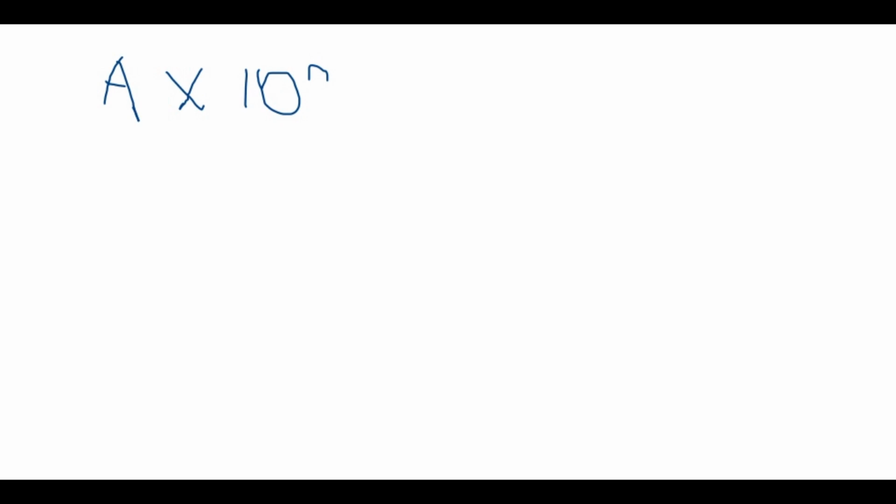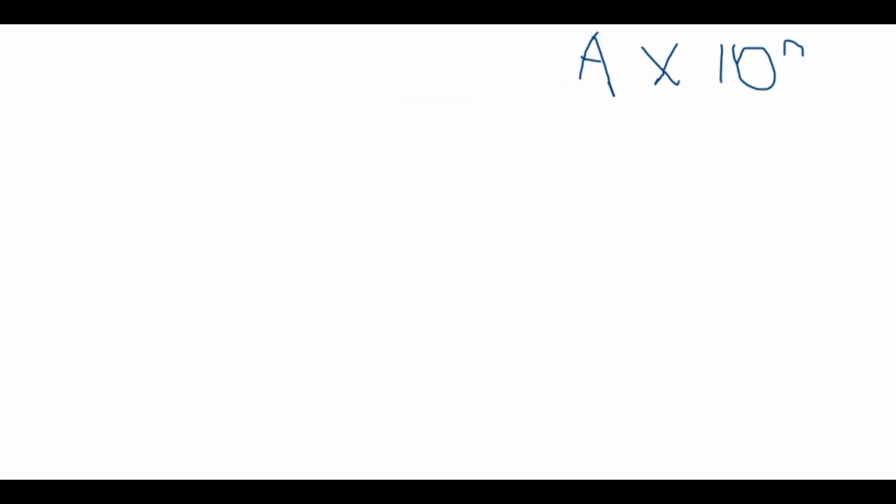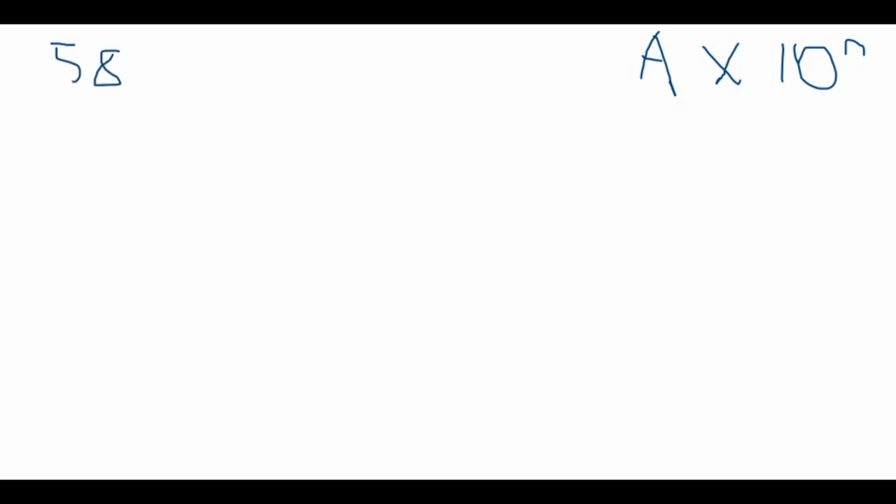Now we can look at some examples. Let's say we are supposed to convert a number like 589 to standard form. Remember, I said you can see this as 589 point.